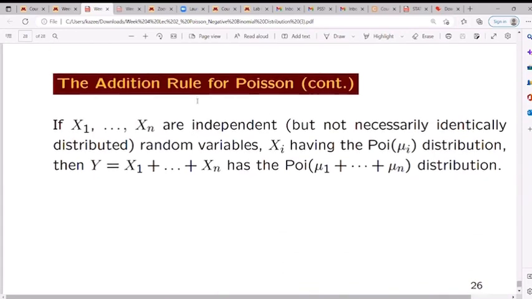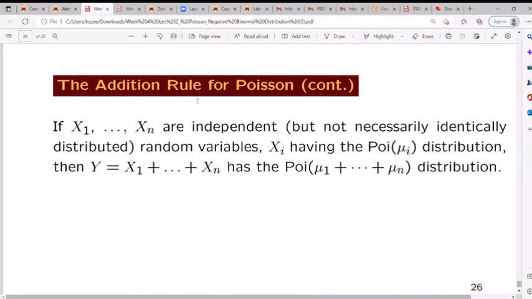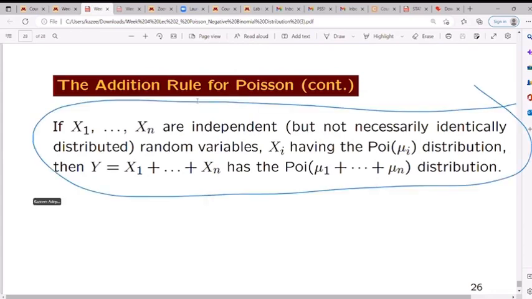Now if x1 up to xn are independent but not necessarily identically distributed random variables, each having a Poisson distribution, then y equal to x1 plus up to xn also has a Poisson distribution with the parameters added. You know what I'm trying to do here? I'm trying to generalize that.